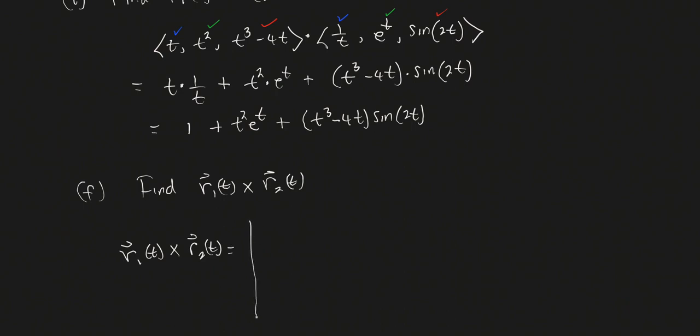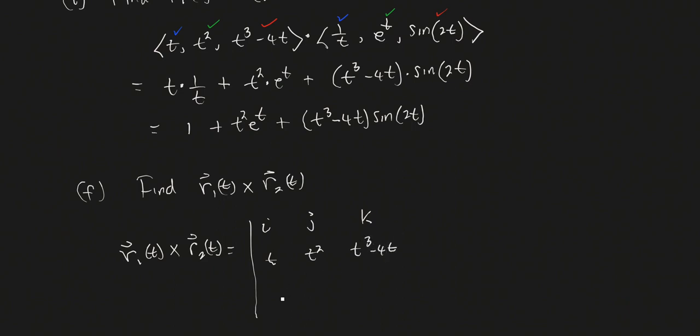Remember how we use our 3x3 determinant to help us set up the correct products, or the correct form. So take the components of R1, put those components in the second row. So t squared, and t cubed minus 4t.